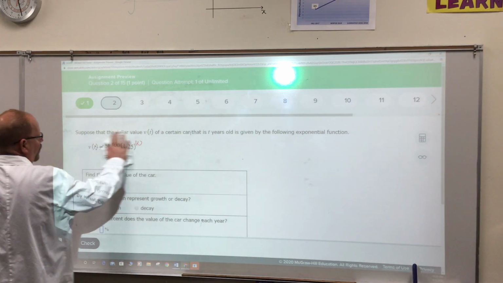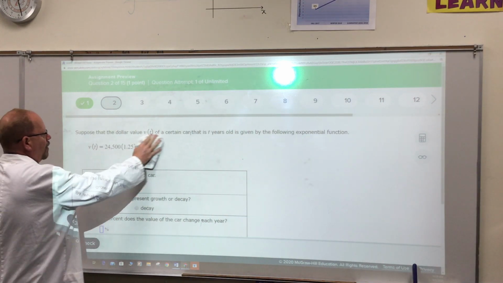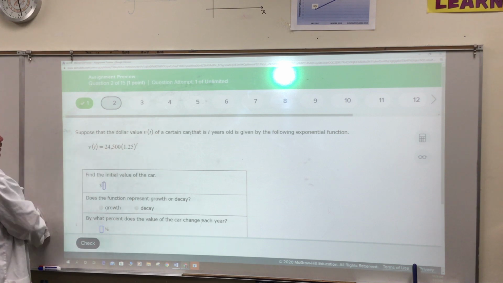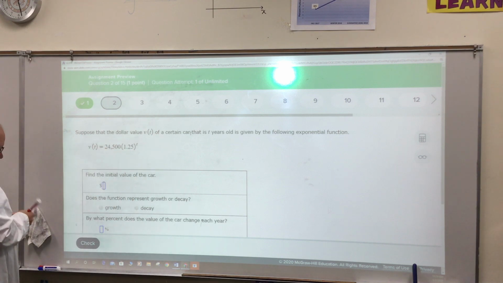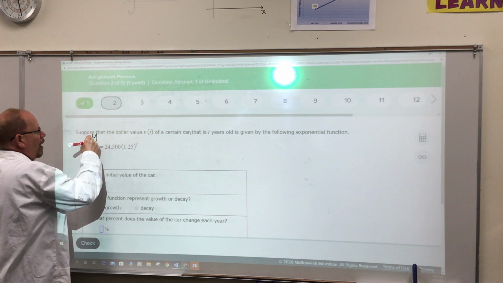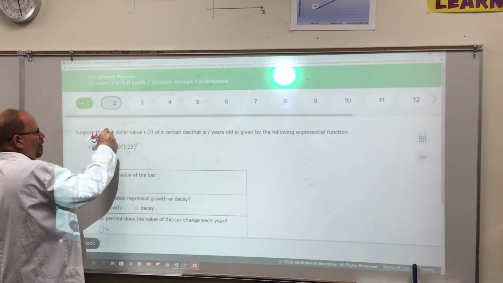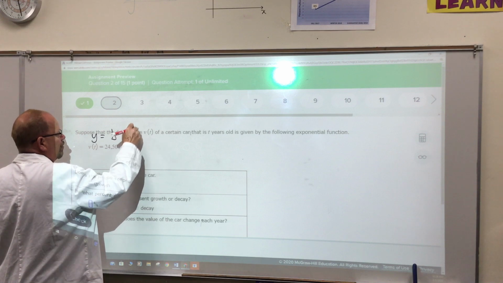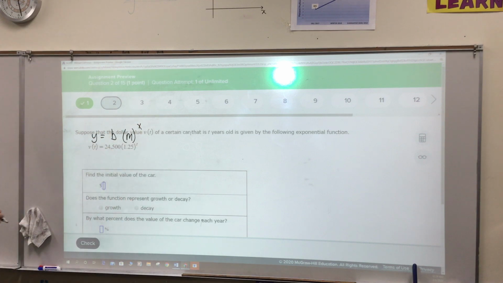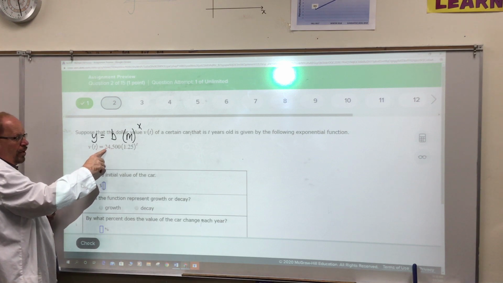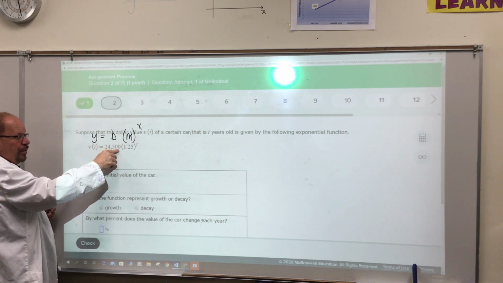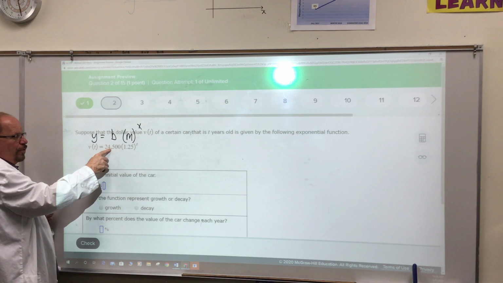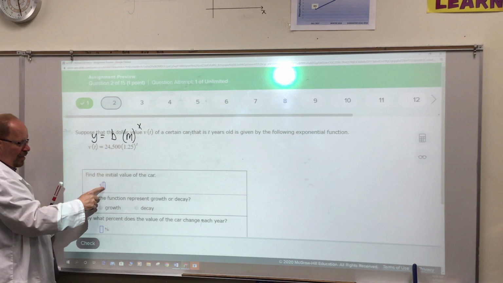Find the initial value of the car. Okay, so you remember, I hope you remember, y equals beginning times the multiplier raised to the x power. The beginning, the initial value, what you started with. You started with $24,500.